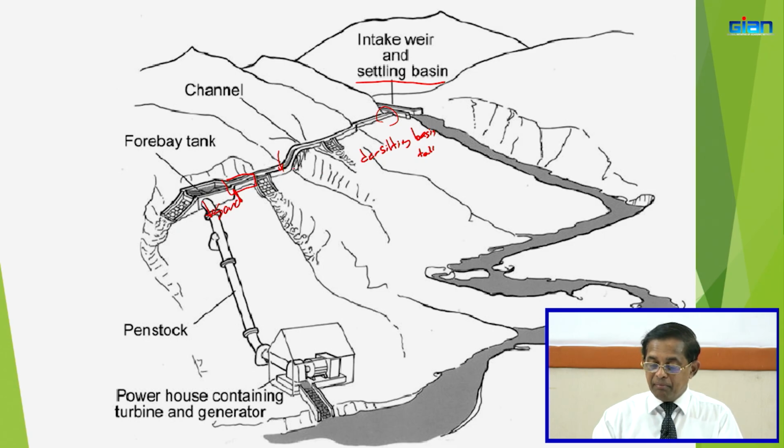Therefore, we will have a number of desilting basins upstream depending upon the length of the canal, but we must have a desilting basin right at the entrance to the forebay tank, to avoid the possibility of any sand entering the penstock, right. Somebody might ask, why do we spend on desilting basins at the upper side? We can have one final desilting basin here rather than spending money on desilting basins in the middle and up.